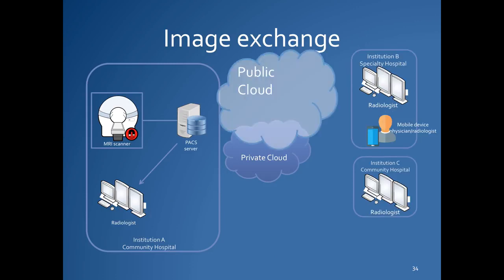Image exchange can be done differently as well, and as I told you in the Dutch story, this is, for example, by using the public cloud, in which WhatsApp is also located.